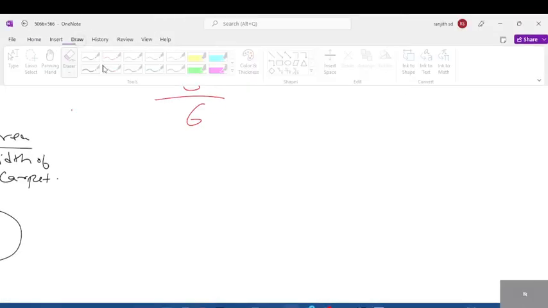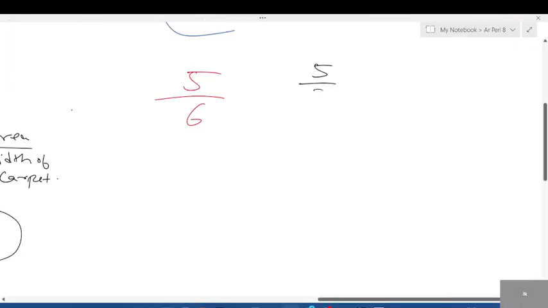Next, 5 divided by 2 divided by 3. How many numerators are there? Only one, 5. But 5 has a denominator 2 here, and there is another 3. So how do you write this?